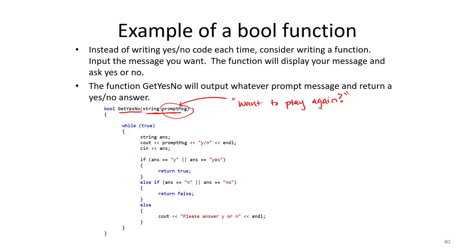And then inside the bool function, we have a loop. And notice what we do is we output the prompt message. So here we're outputting want to play again with yes, no after. Then we take in the user's answer.